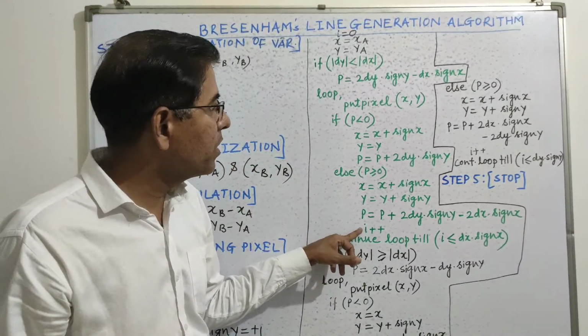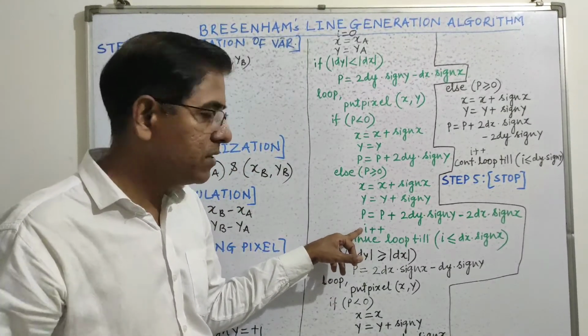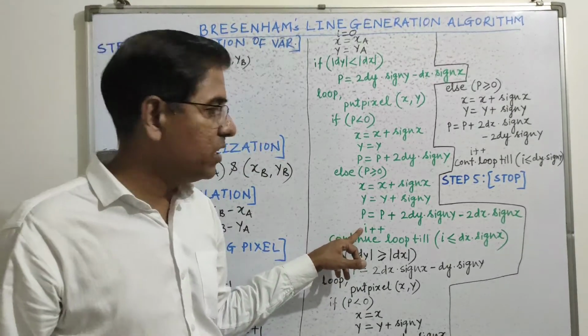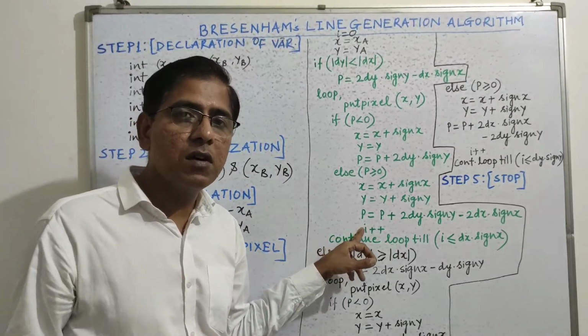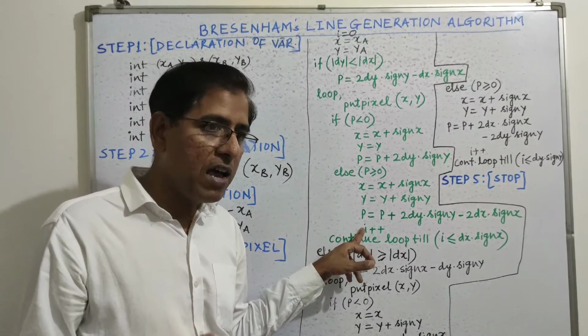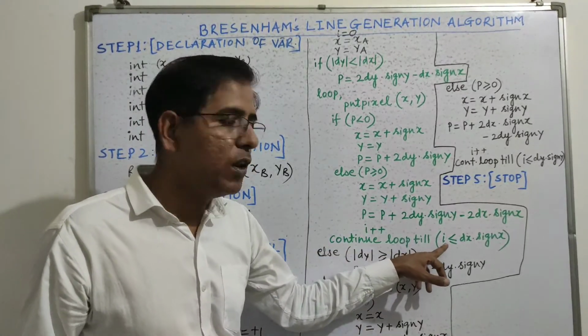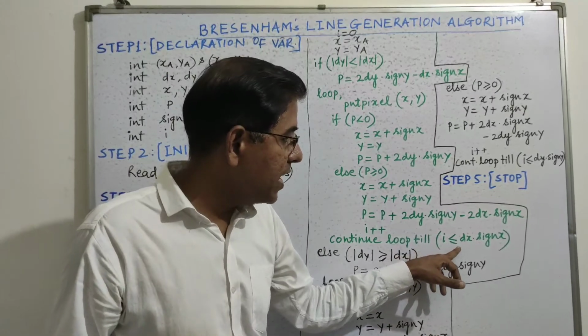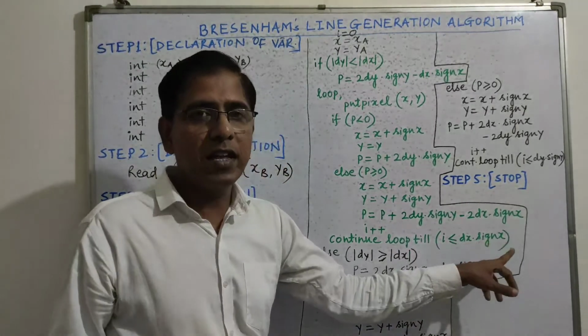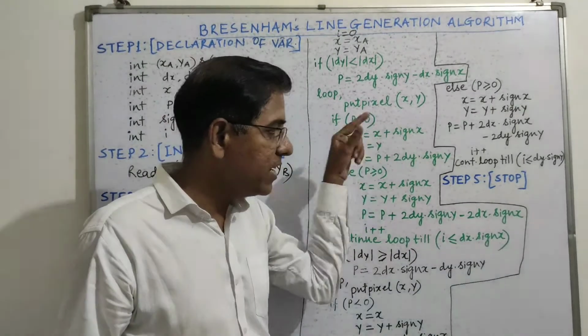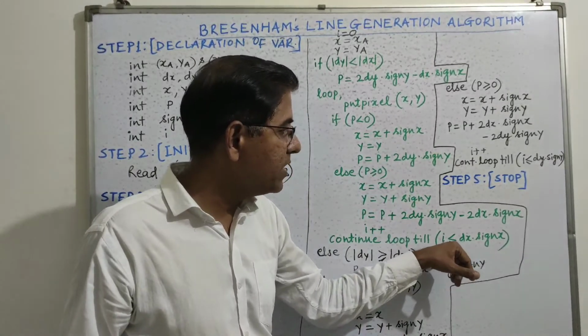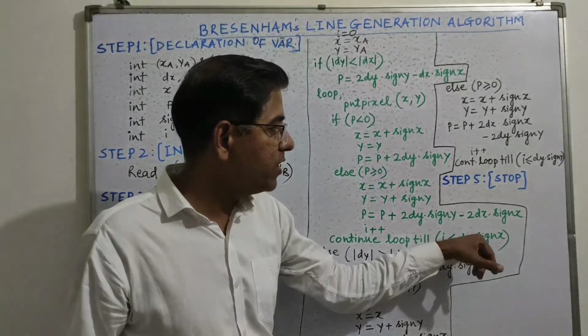Now here loop completes, and for next iteration the value of I will get incremented by 1, and this loop will continue till value of I is less than or equal to dx into sin x. Okay, so this iteration will continue till value of I is less than or equal to dx into sin x.